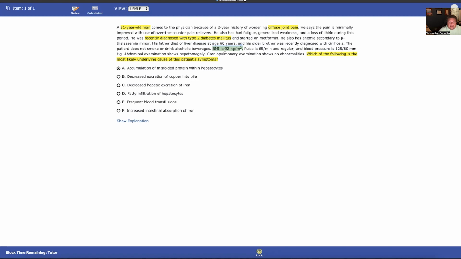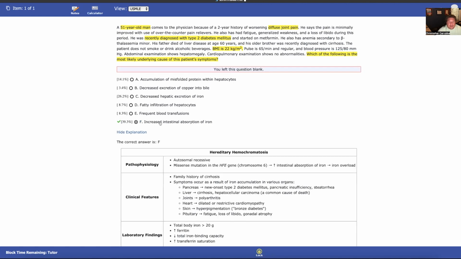So that certainly fits. It also fits with the patient's hepatomegaly as well as the family history of liver disease because of iron deposition there. So not only were we able to feel good about eliminating all of the other answer choices, but we were able to focus on enough details to realize that this is the correct answer choice as well.